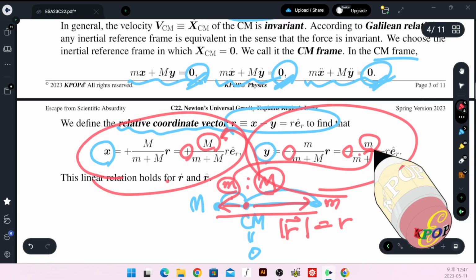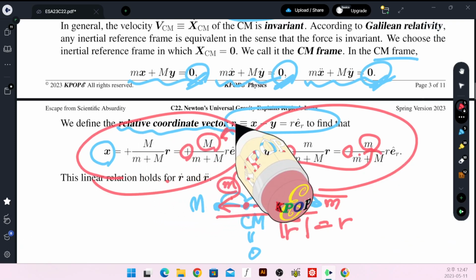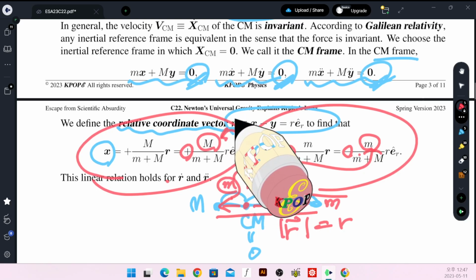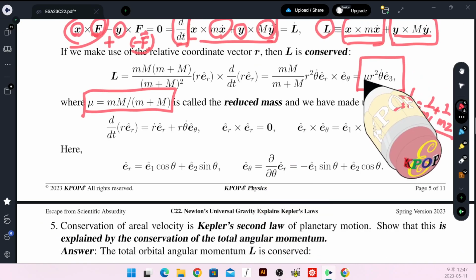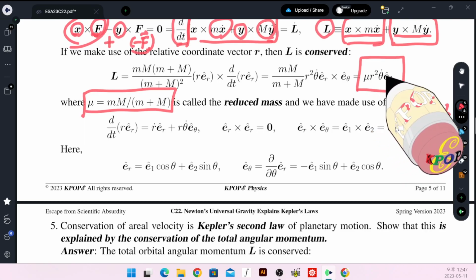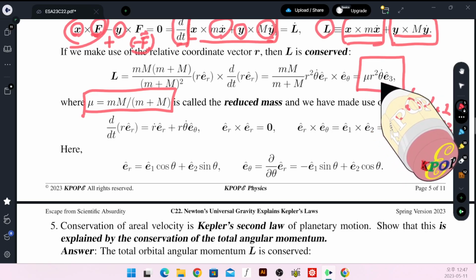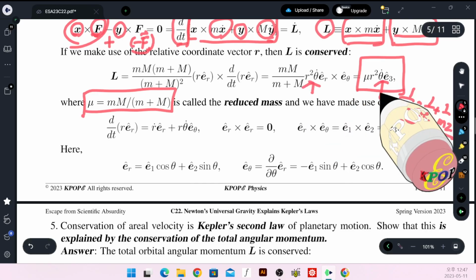We have defined the relative coordinate vector r, and its magnitude is r. Alright, so reduced mass multiplied by the distance between the two celestial objects multiplied by the angular velocity.